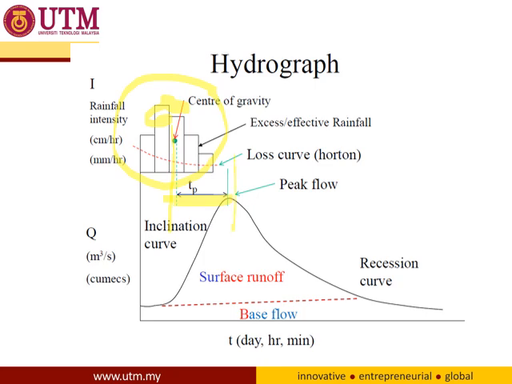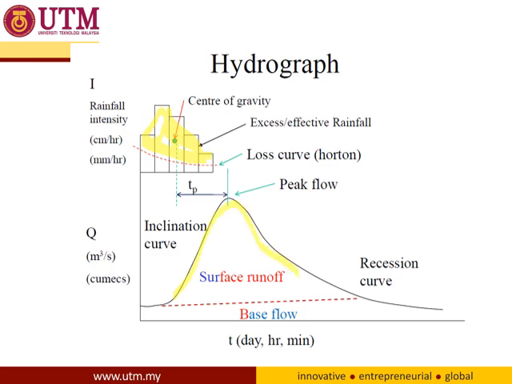And what else? You remember that we learned about the Horton curve. So this is a recap from the previous lecture. This shows that, okay, above this Horton curve is the excess rainfall, or these are the runoff, the surface runoff.